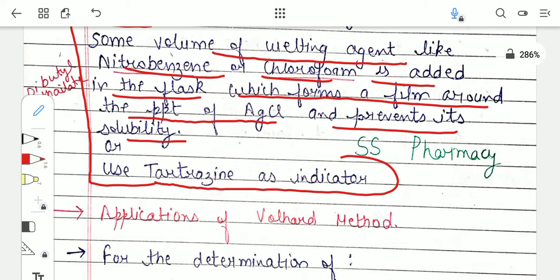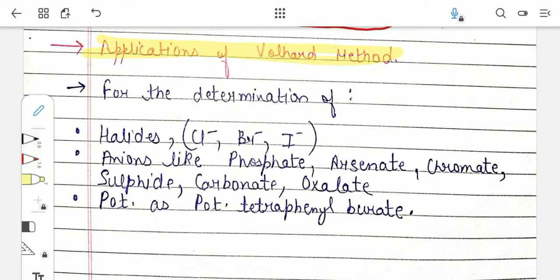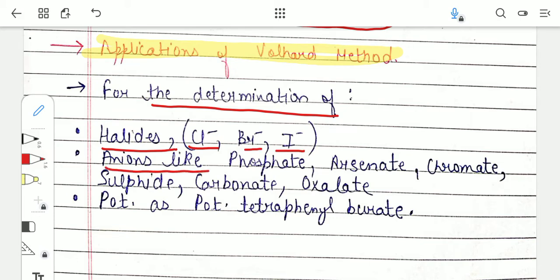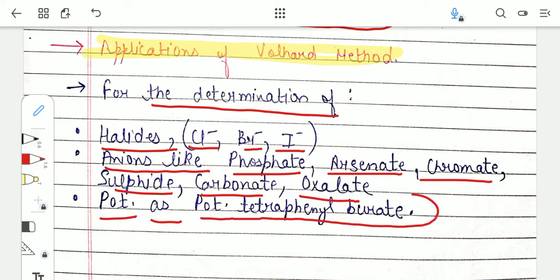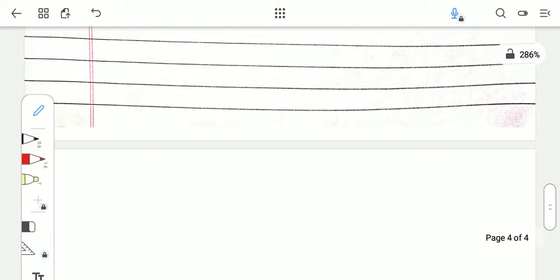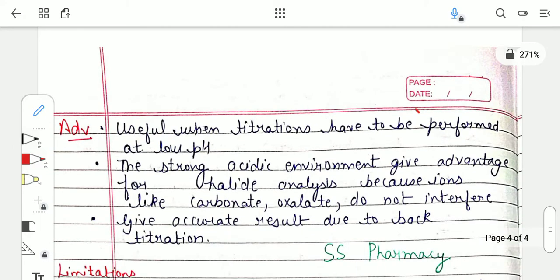Now let us talk about the applications of Volhard's method. This method is used for the determination of halides such as chlorides, bromides, iodides, and anions like phosphate, arsenate, chromate, sulfite, carbonate, oxalate, and potassium as potassium tetraphenylborate. Now let us talk about its advantages.